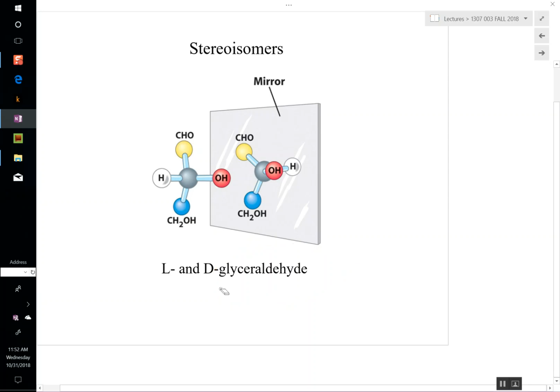And the biologically active one is D. And you're going to find that with all these saccharides. It is D-glucose, D-fructose, D-glyceraldehyde that is biologically active.